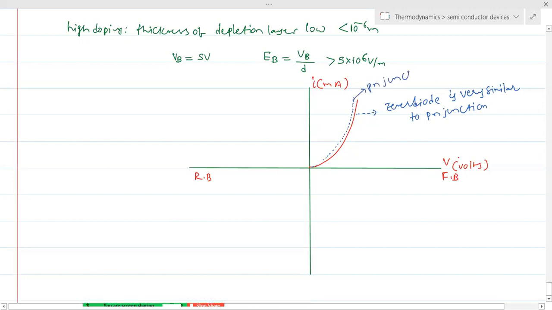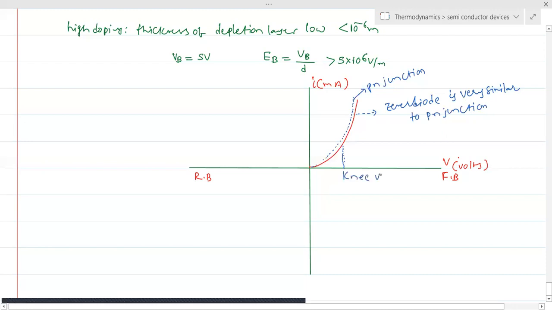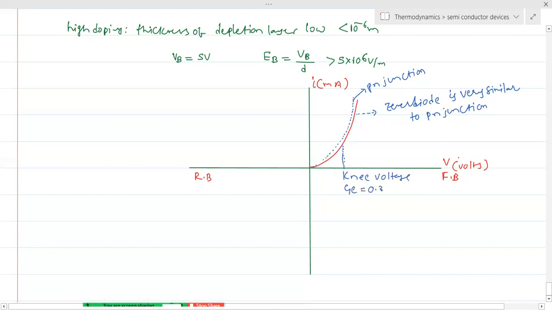Almost we have similar characteristics, no difference. Generally, this is the voltage from where we have a sudden increase in current. That is called the knee voltage. For germanium it is 0.3 volts, and for silicon it is 0.7.